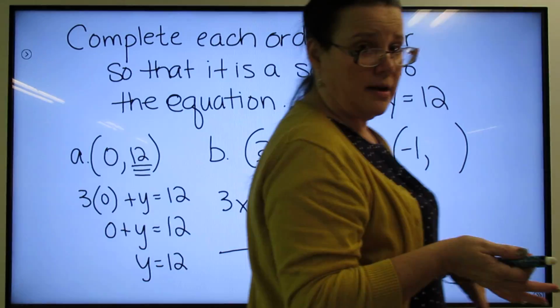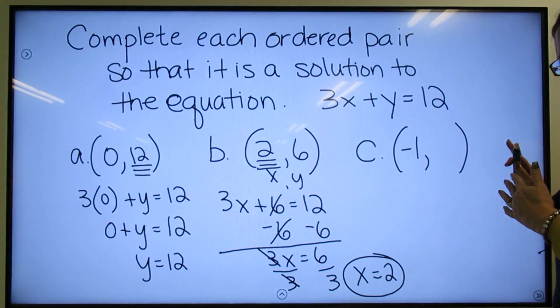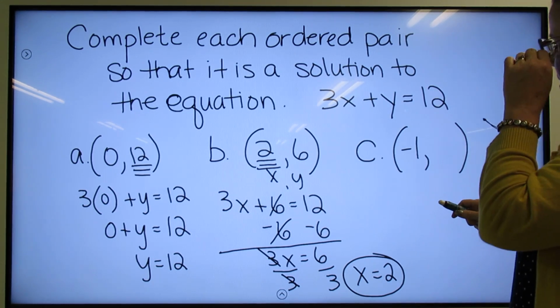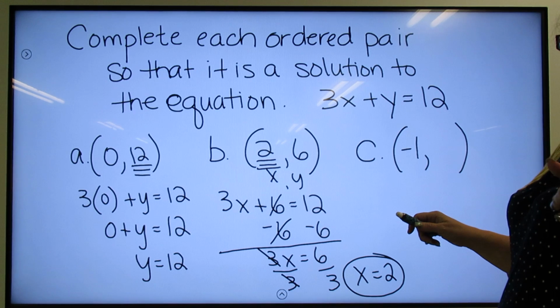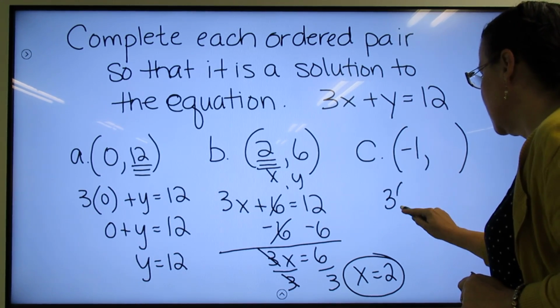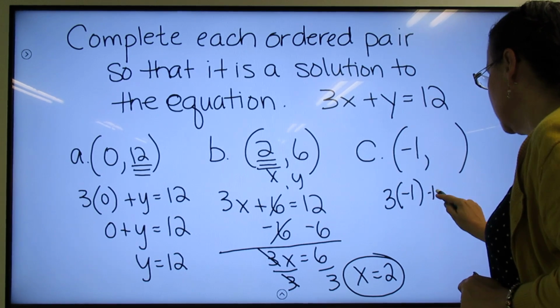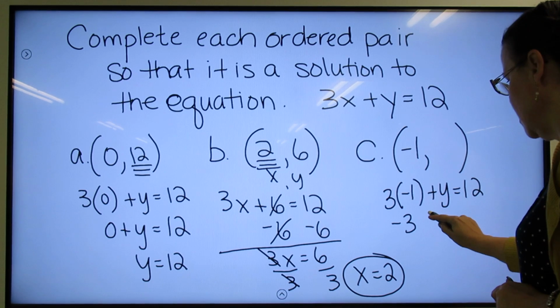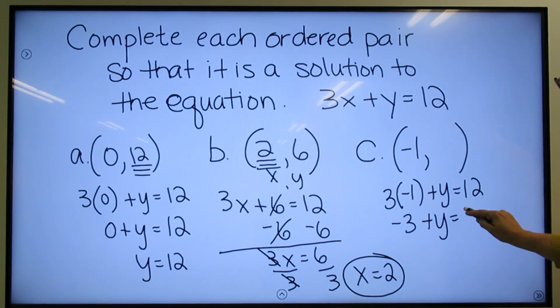Now, you can stop the camera and see if you can do this one by yourself. This is a good extra practice, but I'll walk you through the steps. Or stop the video. Pause it, right? So you would do 3 times -1 plus y equals 12. -3 plus y equals 12.